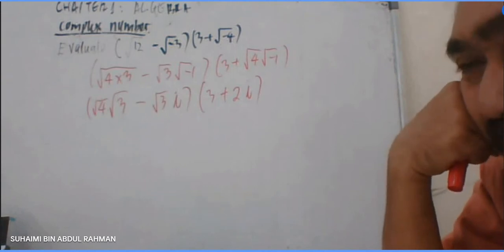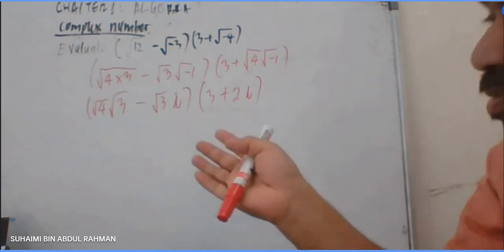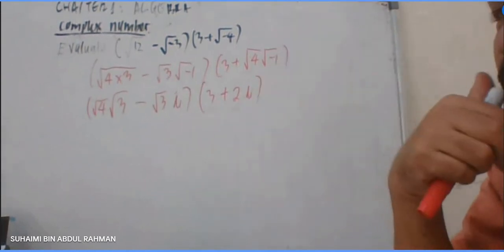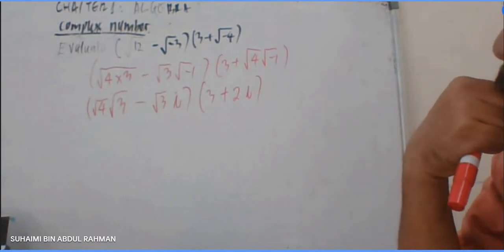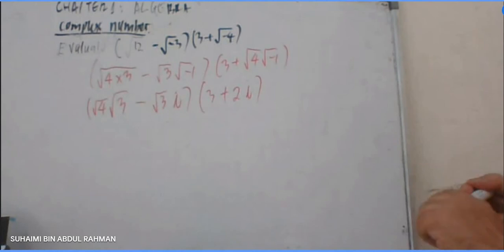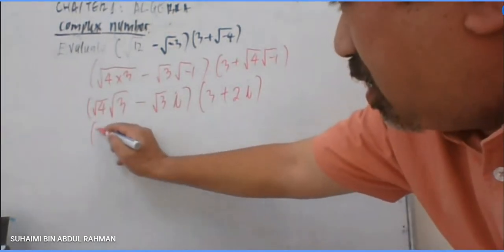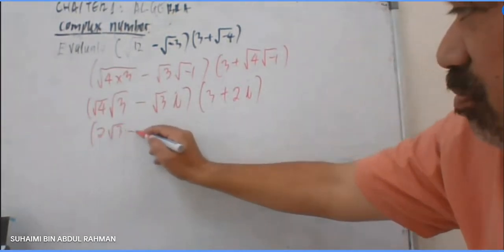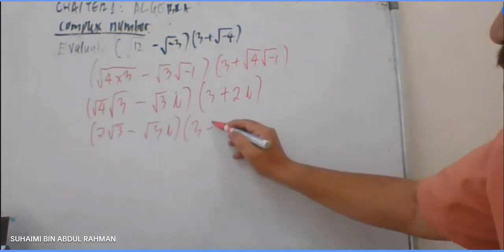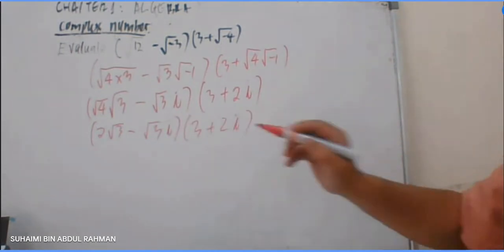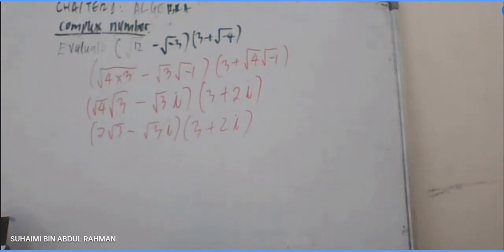You can choose 6 times 2, but with 6 and 2 we don't do anything, right? It's still correct. So when we do like this, it's going to be 2 square root of 3 minus square root of 3i times 3 plus 2i.